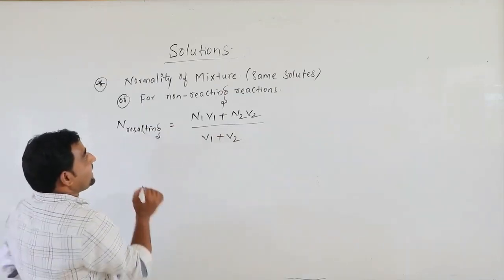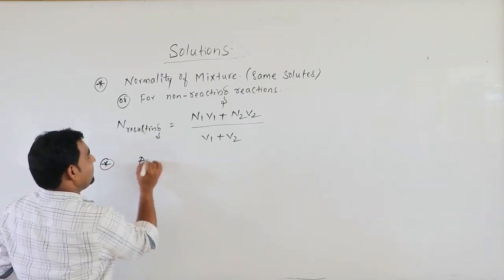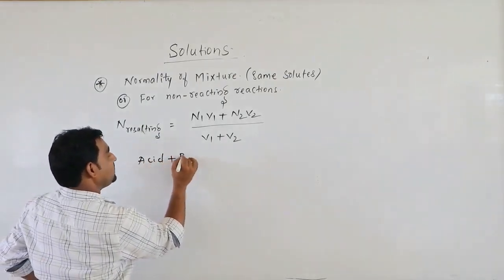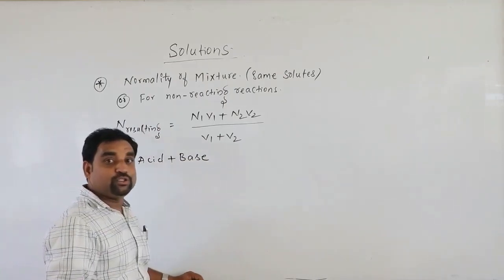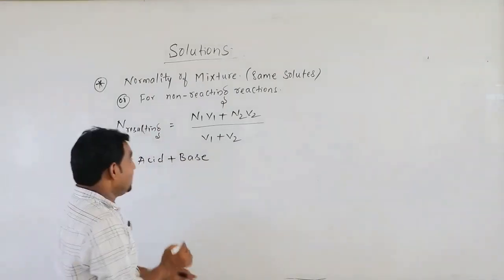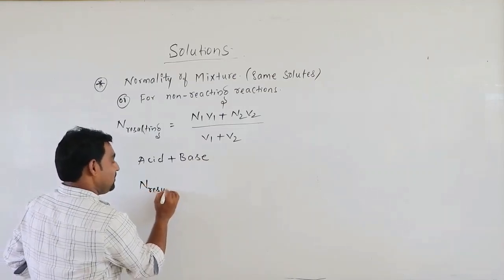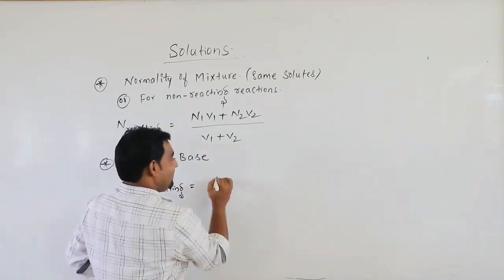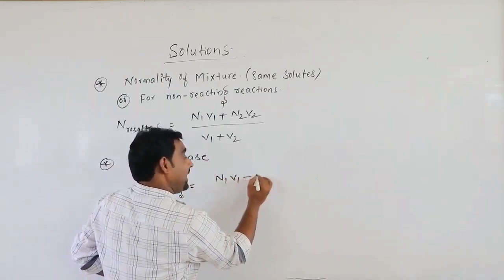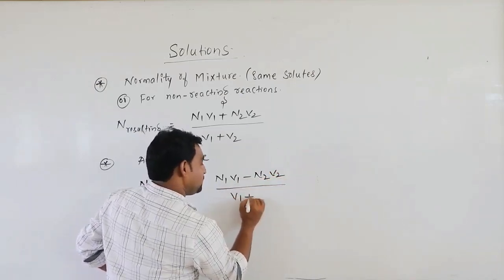In case of reacting species like different acid and base, if you add the acid to the base, the normality of the solution will change. In such cases the resulting normality can be calculated by N1 V1 minus N2 V2 divided by V1 plus V2.